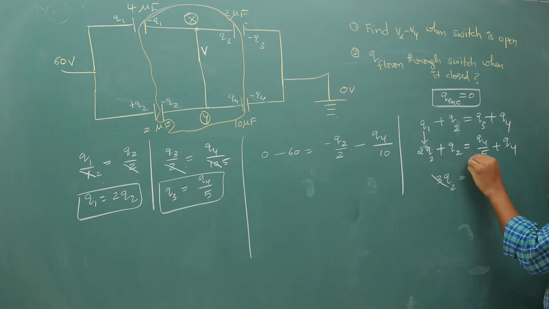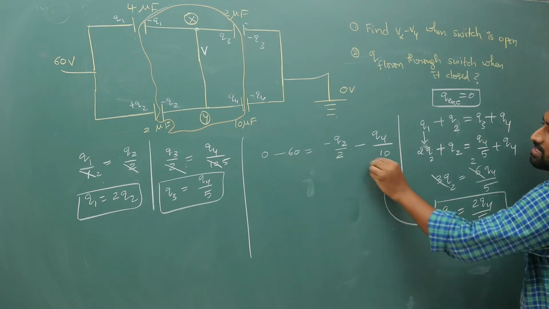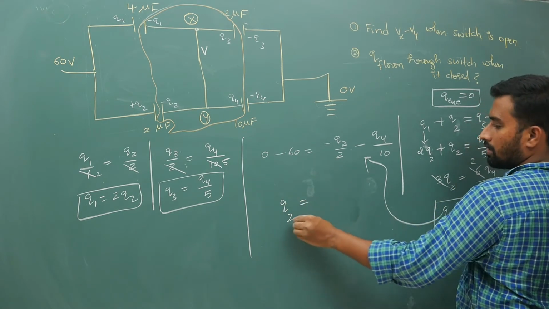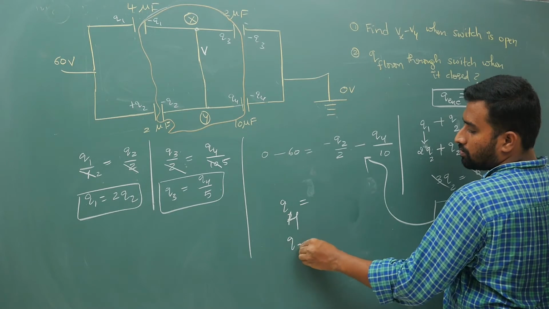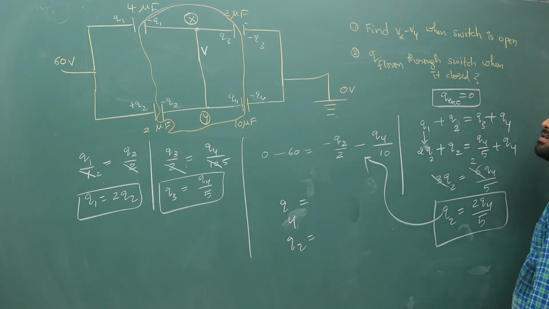So 3 1s are 3, 3 2s are 6, q2 is equal to 2q4 by 5. Now take this back, substitute in this, and get the value of q2 and q4. Once you get these values, you can simplify this stuff. I don't need to explain completely.